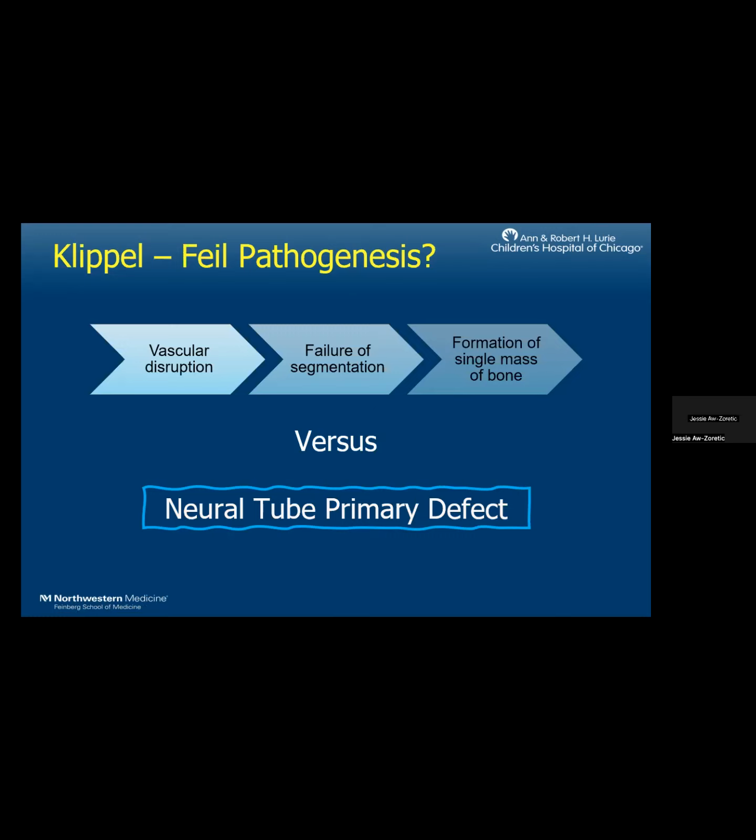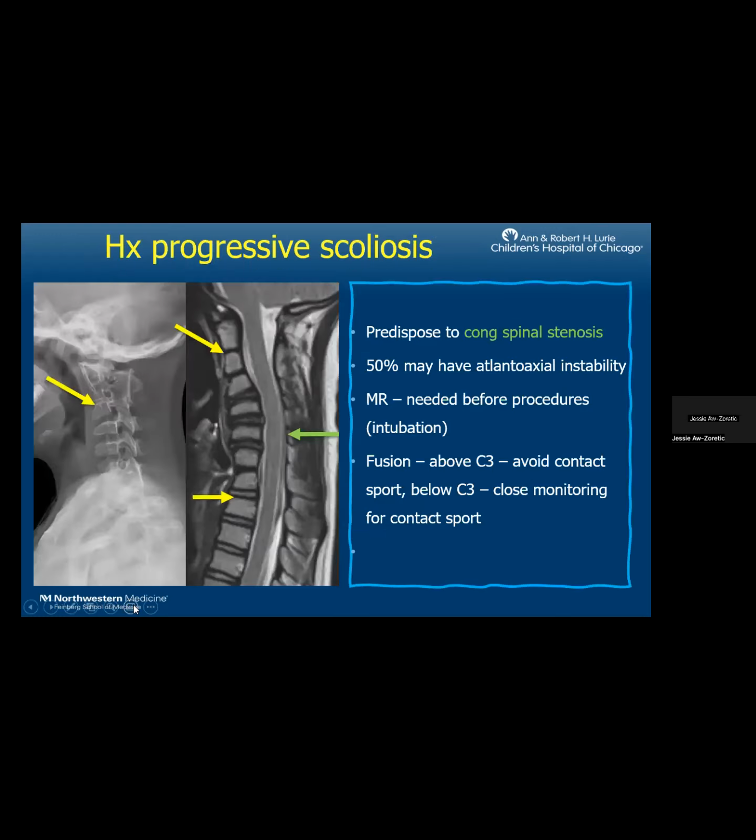All good. Okay, so let's move on. Now, typically these patients with Klippel-Feil syndrome, what do we have? They present quite commonly with progressive scoliosis.